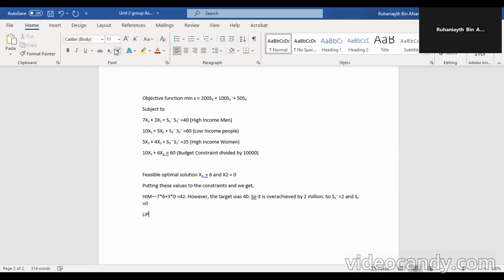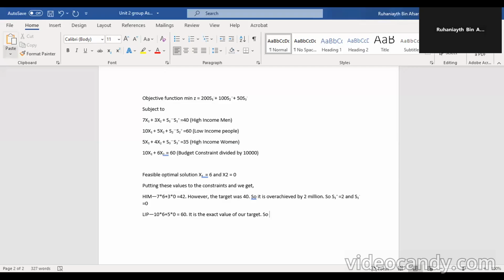And then the second constraint: 10 into 6 plus 5 into 0, which is equal to 60, the exact value of our target.